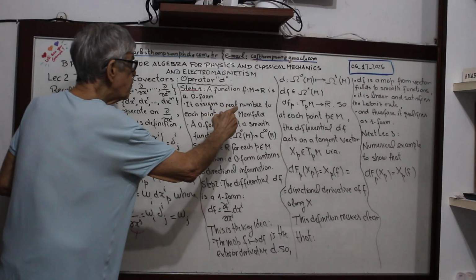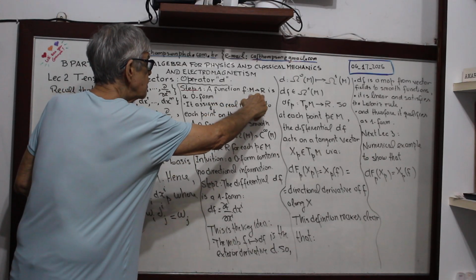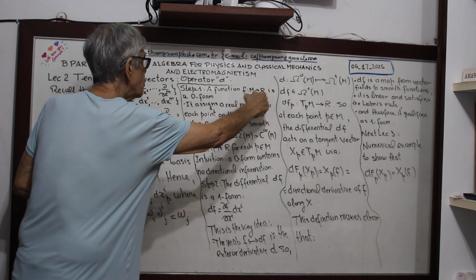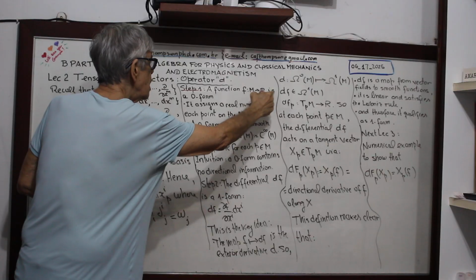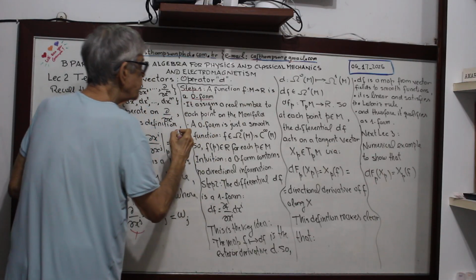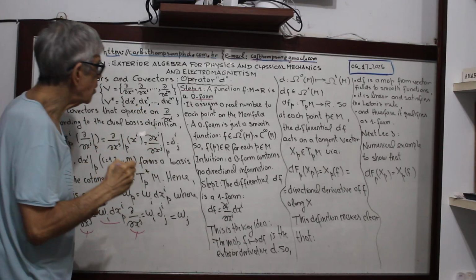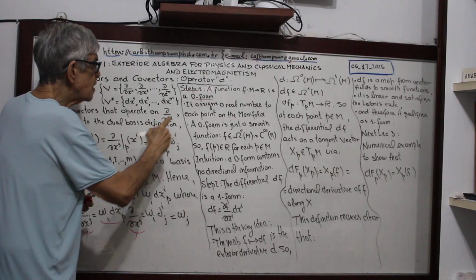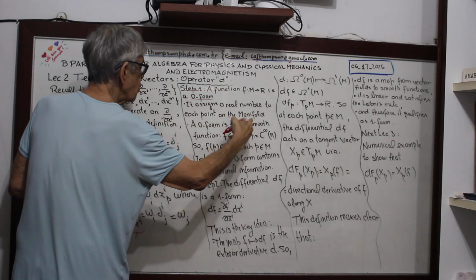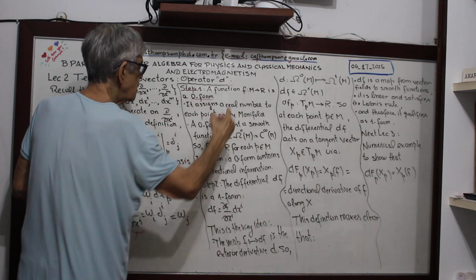A function f maps a point of M to the real numbers R. This is a zero form. Numbers, functions are zero forms. It assigns a real number to each point on the manifold. That's what this function does.